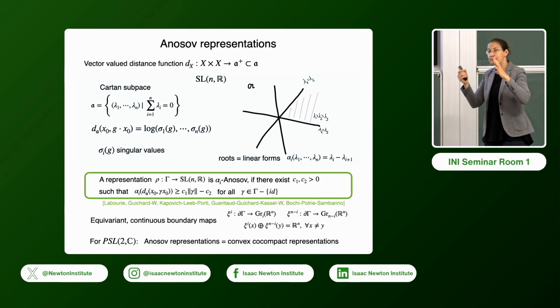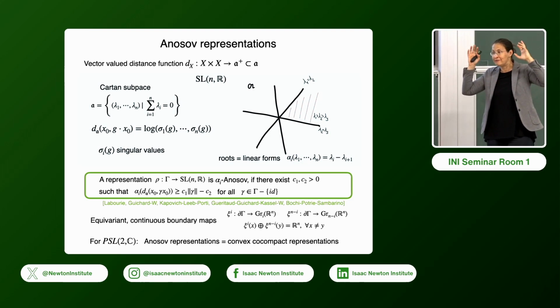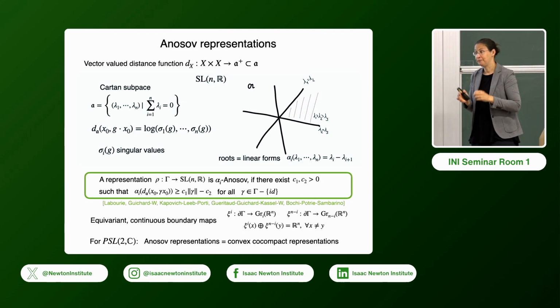So this is in some sense the metric, but now I want to make this vector valued metric into a number. Now I do something which doesn't give me a metric, but gives me something very useful. My metric takes values in this vector space, and now I can apply a linear form on this vector space to make a number.